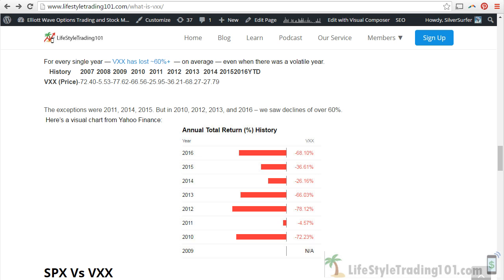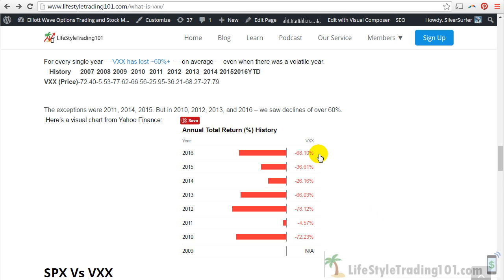If you bought the S&P 500 ETF SPY and held, on a typical year, you might be up like some 10-15%. In some years 25%, maybe even 30%. But if you took that same amount of money and you shorted this, some years you might be only up a few percent, but for the most part, you could be up over 60%, and that's just based on historical data.